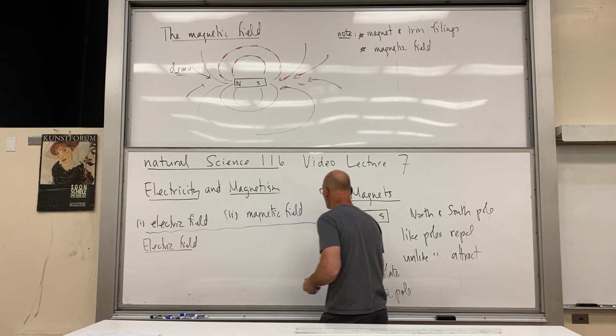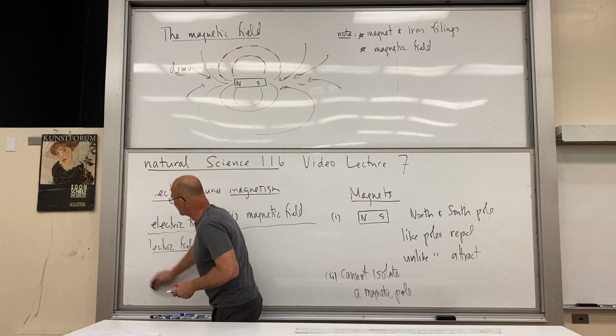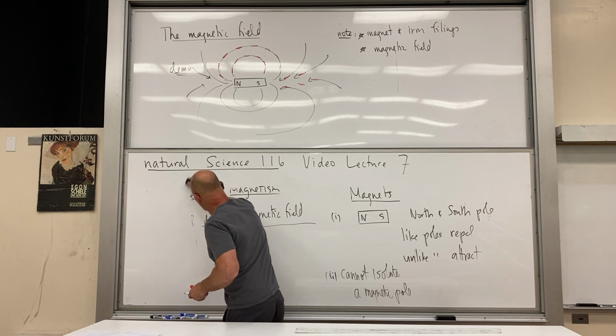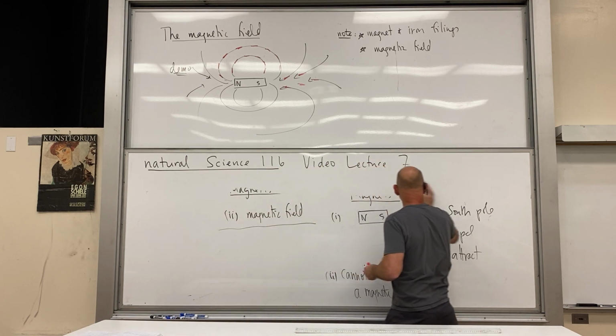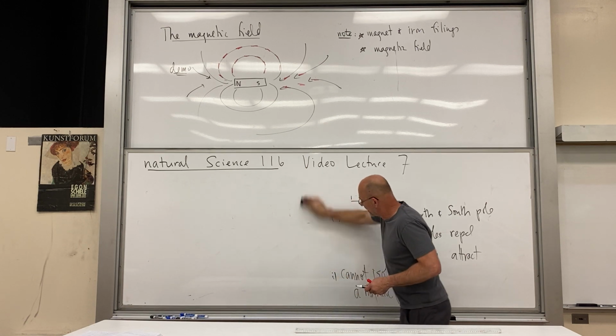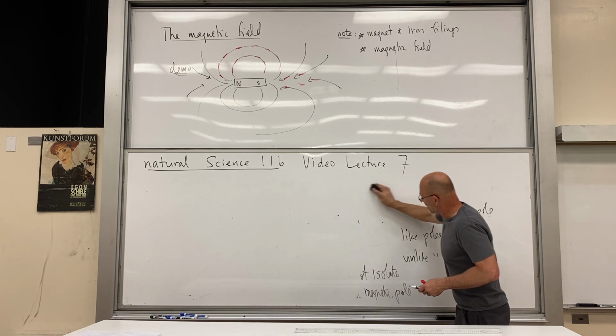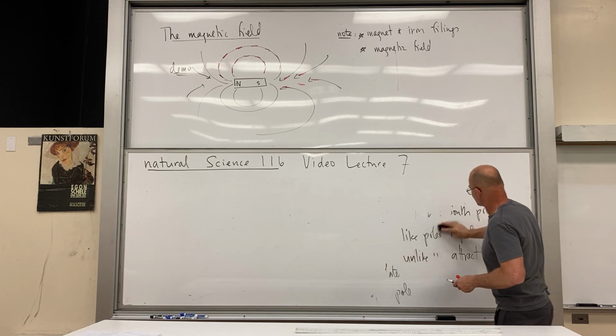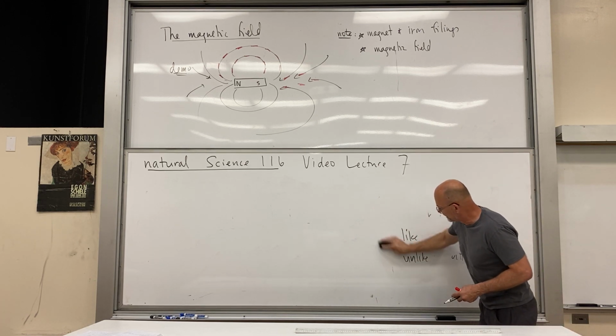In fact, here's what I'm going to do. I'm going to start a new board here and compare the two. Direct comparison, because now that we have the magnetic field, we'll have some idea what we're thinking of.